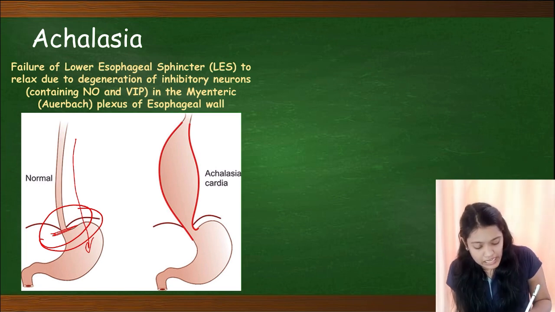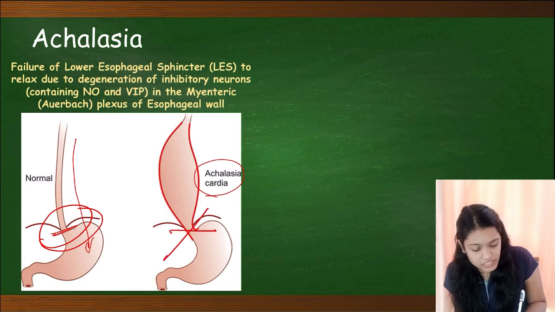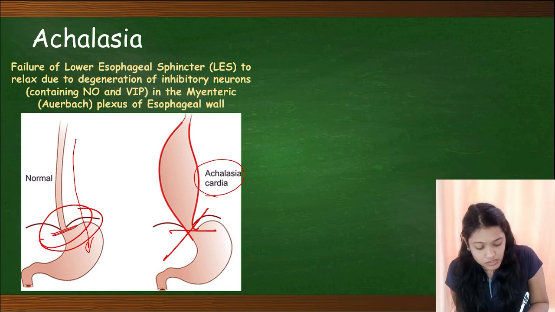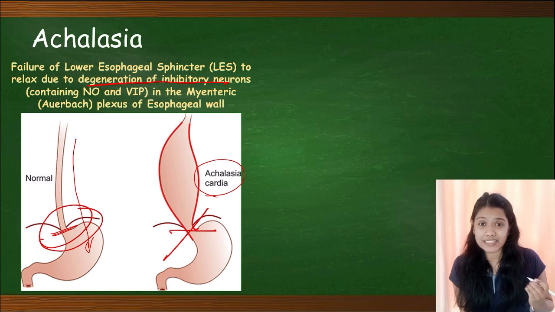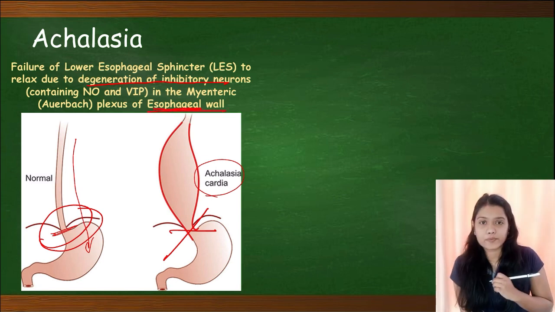But in achalasia, what happens? There is failure of the lower esophageal sphincter to relax, and it is due to degeneration of inhibitory neurons in the myenteric plexus of the esophageal wall.